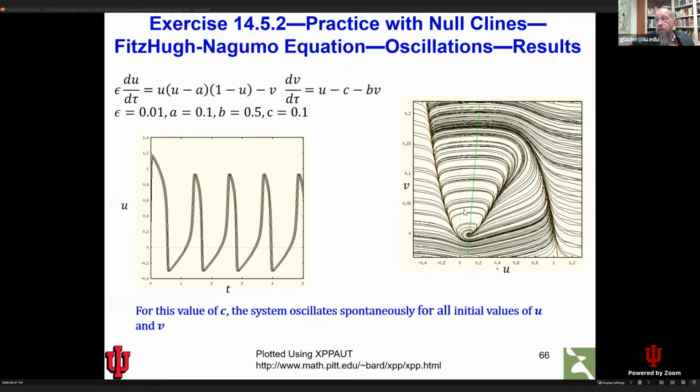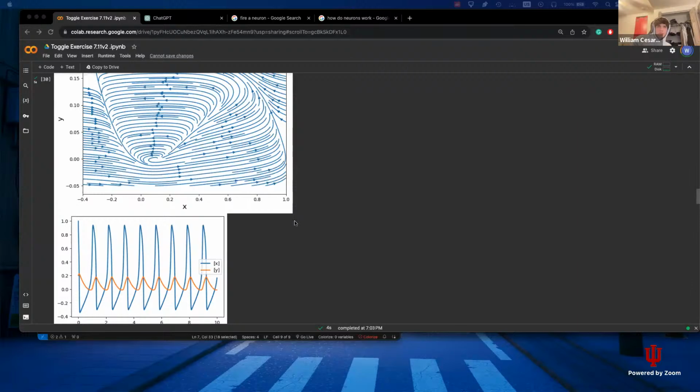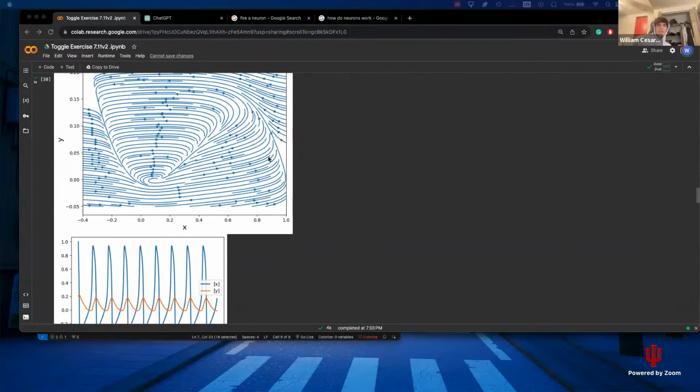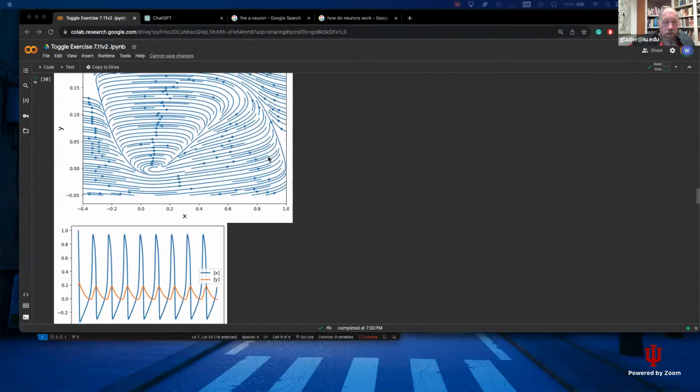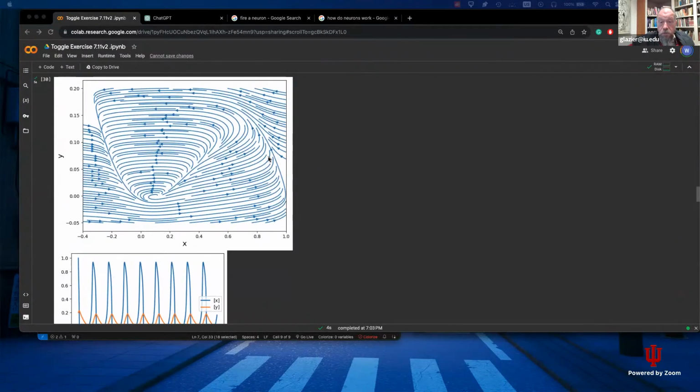Has anybody been able to get the phase diagram to work? You got it, William? Do you want to show it to us? But well, before we break. Yeah, sure. You see it? So that's the one for C equal to 0.1, right?